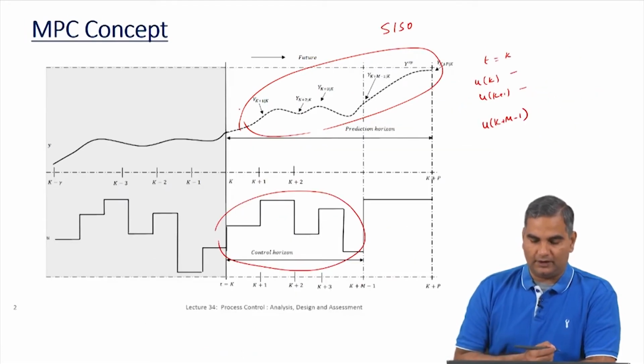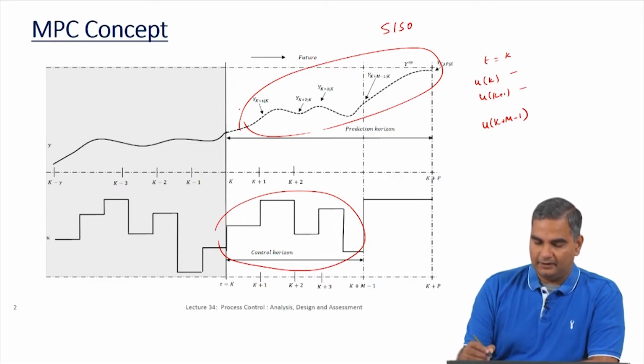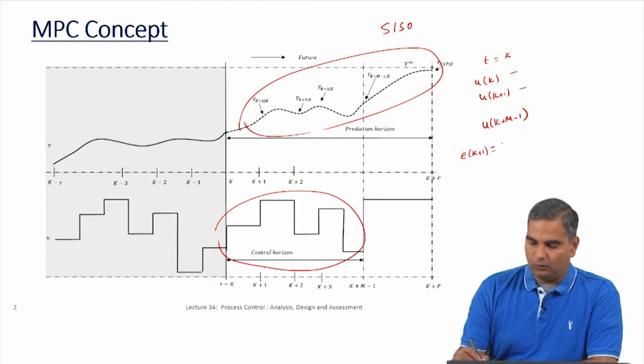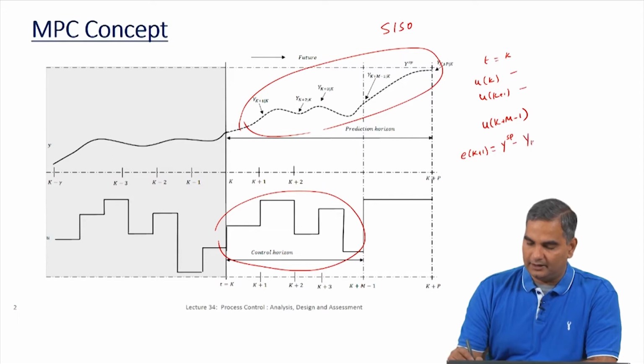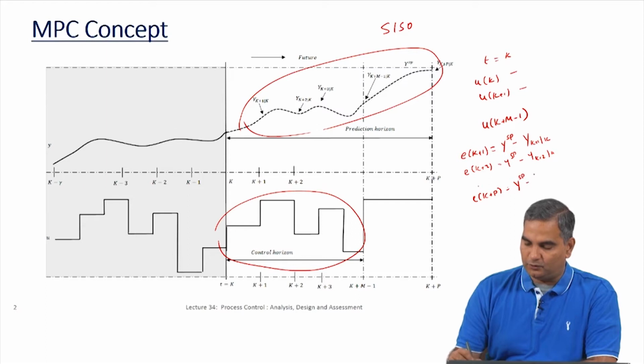So, in some sense, if you think of the error, the error at k+1 is y set point, whatever value I keep, minus y(k+1 given k), and the error at k+2 is similarly y set point minus y(k+2 given k), all the way up to the error at k+p, which is y set point minus y(k+p given k).